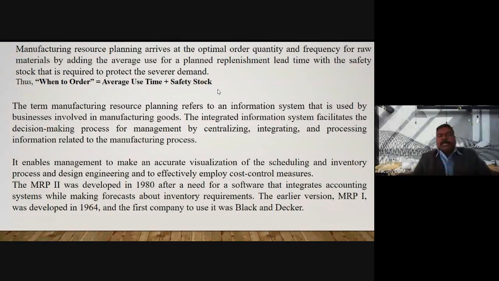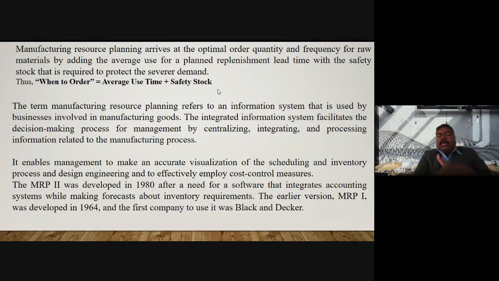The term MRP refers to an information system that is used by businesses involved in manufacturing goods. The integrated information system facilitates the decision making process for the management. In management, wherever you see, a manager will be thinking of taking decisions.